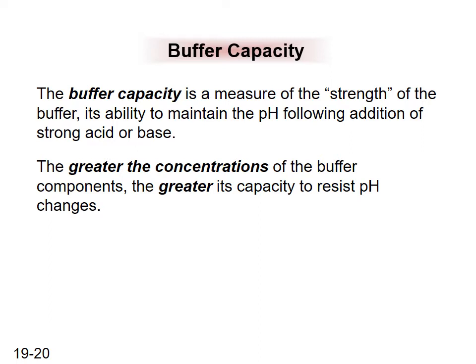Now let's compare two buffer solutions. One contains weak acid at 0.5 molarity and the conjugate base also at 0.5 molarity. Another buffer solution contains the acid at 0.1 molarity and the conjugate base also at 0.1 molarity.